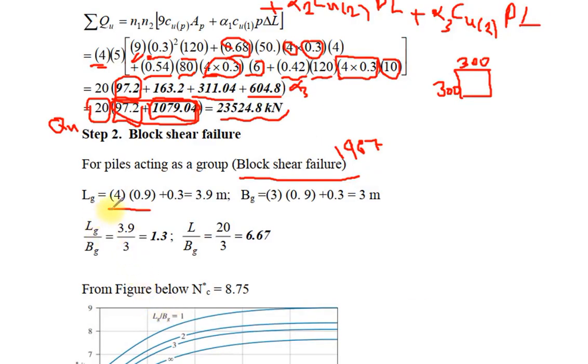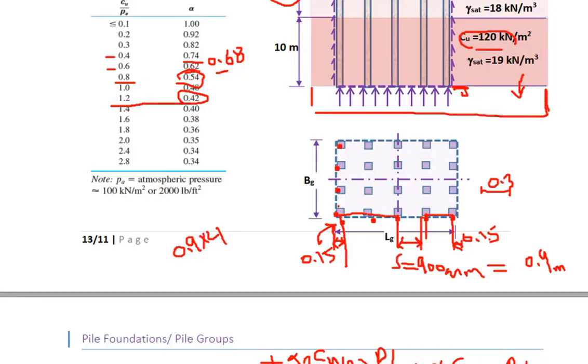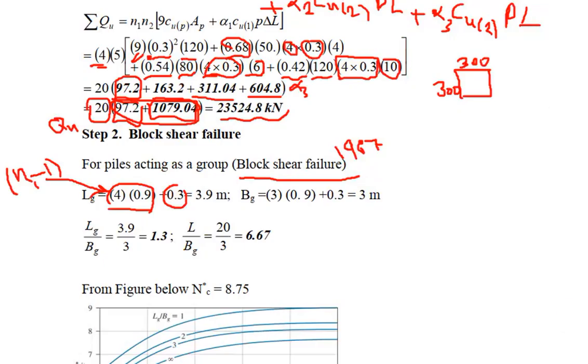Therefore, LG equal to 4 multiplied by 0.9 plus 0.3. The 4 here is N1 minus 1, where N1 is the number of piles, 1, 2, 3, 4, 5. 5 minus 1 equal to 4. LG equal to 3.9 meter.